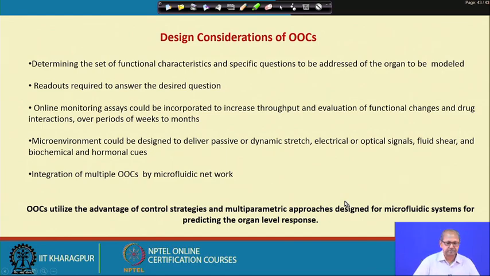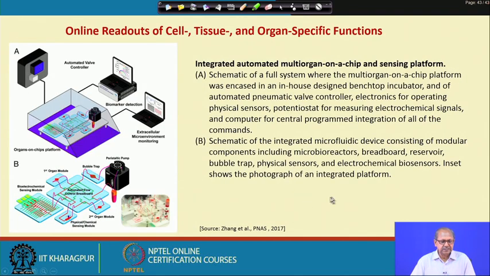So, a total engineering approach should be utilized to harvest the potential of organ on chips. This is an example of how an online monitoring system is developed. Say there are two organs, a liver and a heart, connected through a microfluidic platform, and an online monitoring system is developed with a bioelectrochemical sensing module and a physical and chemical sensing module.